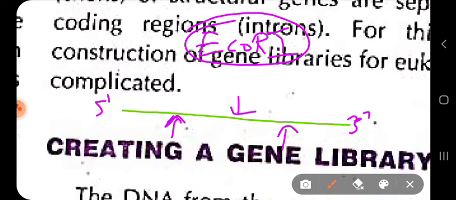Suppose in these three sites that I have marked with pink arrows are the sites where restriction endonuclease enzyme EcoR1 will cleave, will cut that region and produce three fragments, right?